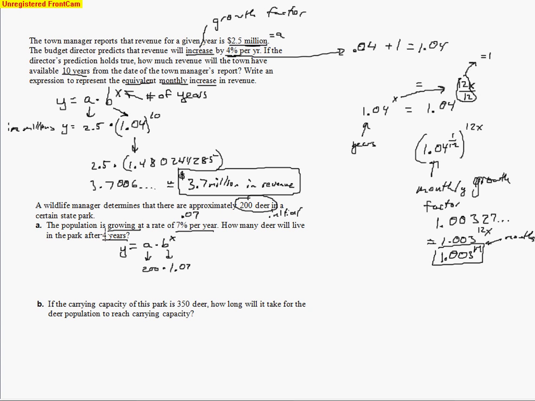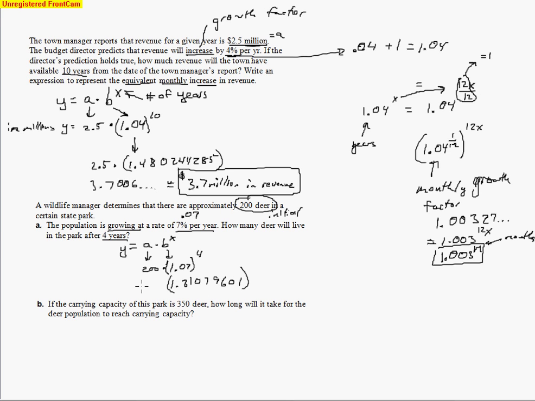But we have after 4 years, so we're going to bring this amount right here to the 4th power. We can enter into the calculator 1.07 to the 4th power, and that gives me 1.31079601.